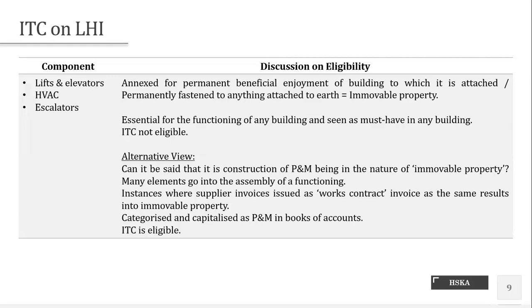So can we say that this HVAC is being constructed and it is a fully functioning plant and machinery in my books of accounts, and therefore it escapes through the exception that is carved out in 17.5, and therefore HVAC, lifts, elevators, escalators, though it is a works contract, when I've seen supplier invoices where these are invoiced as works contract.